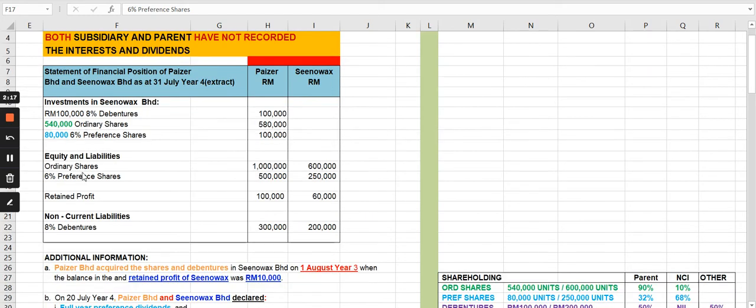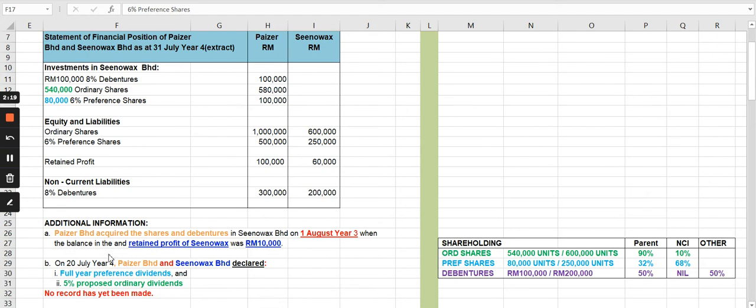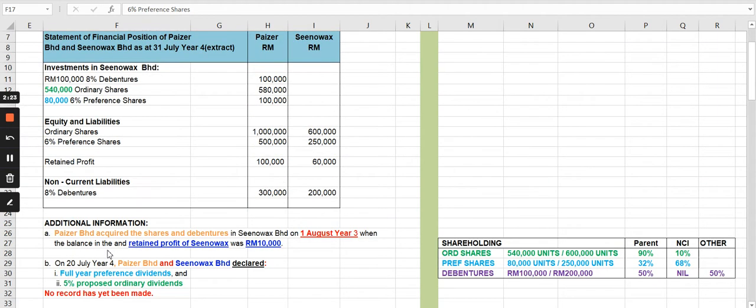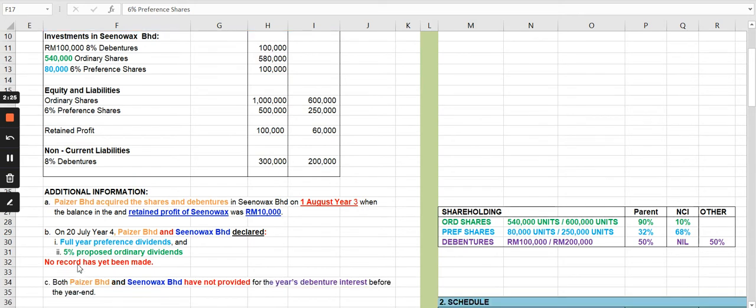You have this information given, and how do you know that the subsidiary and parent have not recorded the interest? Additional information is given below the statement of financial position. Information A is on the acquisition of shares and debentures that took place on 1st of August year 3, which is the date of acquisition.